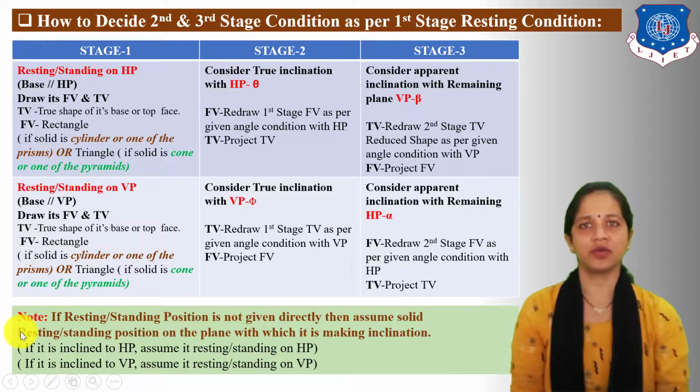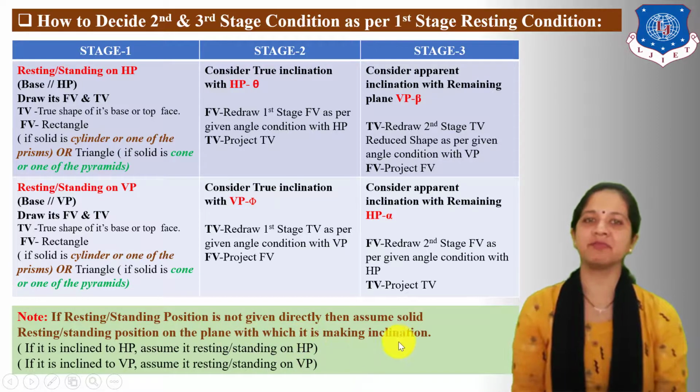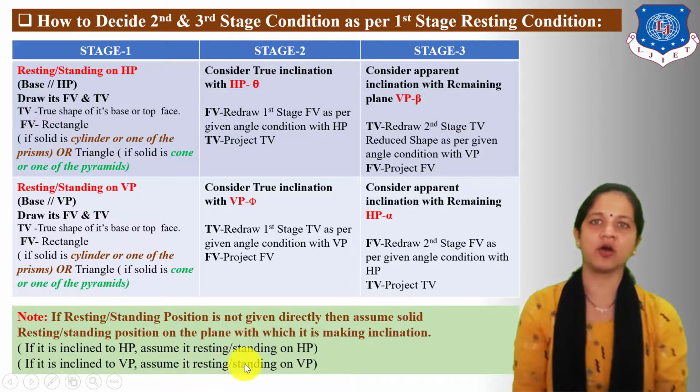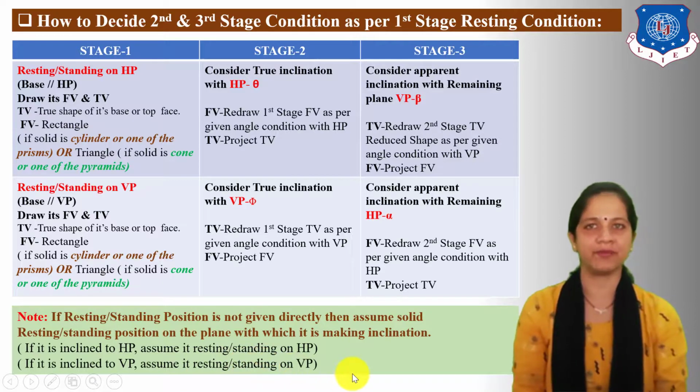One note you have to remember always: if the resting or standing position is not given directly, then assume the solid resting or standing on the plane with which it is making inclination. If it is inclined to HP, assume it resting or standing on HP. If it is inclined to VP, assume it resting or standing on VP.